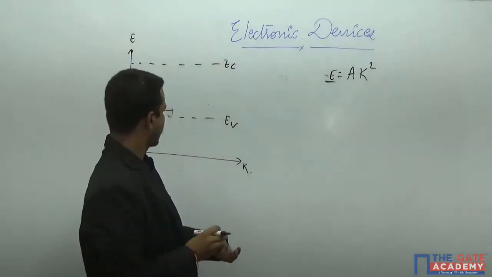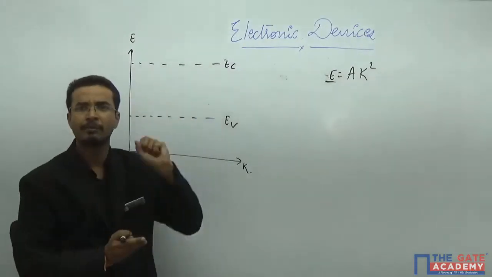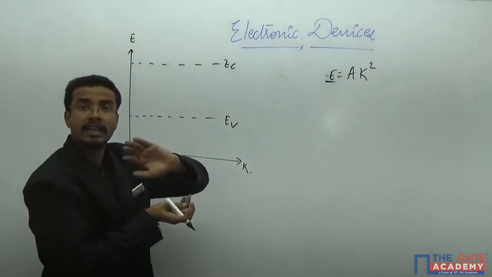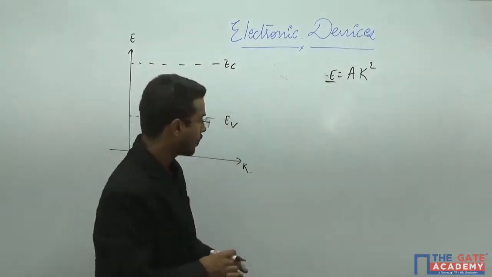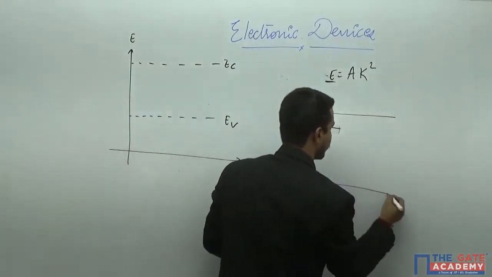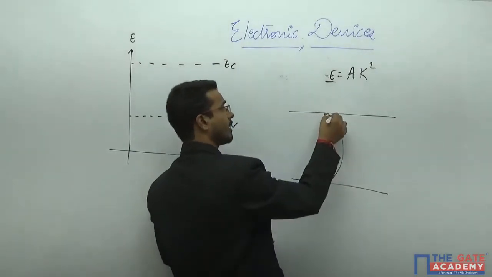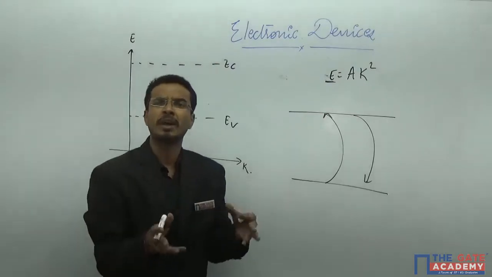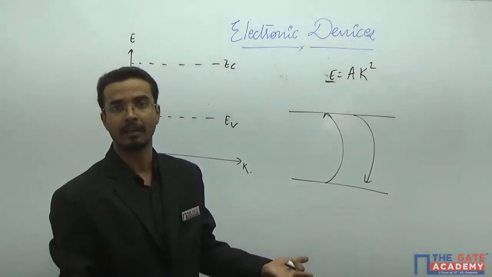Now I am interested in one point: up to now, in whatever energy diagram you have studied, you are just simply making this, and you are saying that the electron is moving from here and again it will go from here to here. You are not interested in the momentum of the particle.